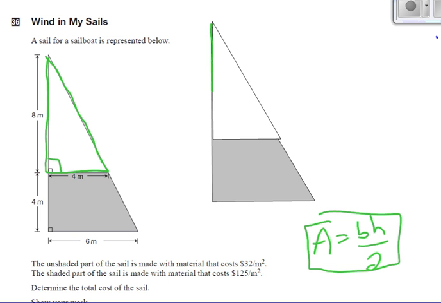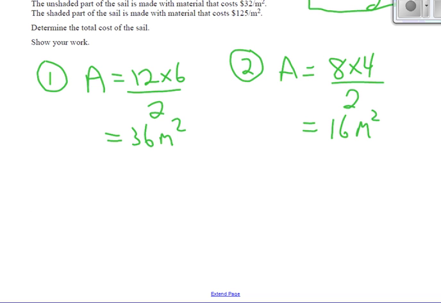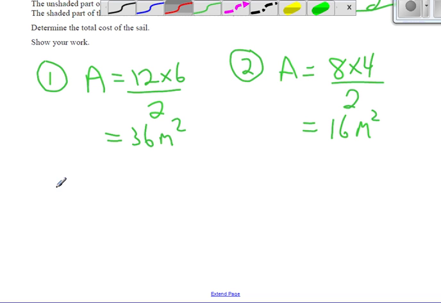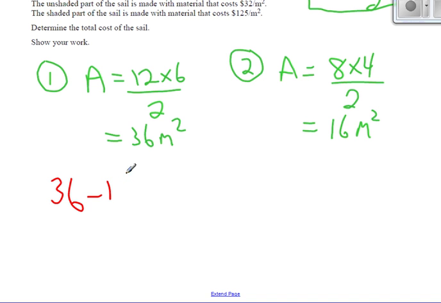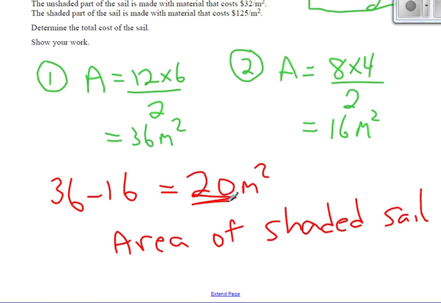So if I subtract, 36 minus 16, I'm going to get 20 meters squared, and that's the area of the shaded part. So the area of the shaded sail is 20.